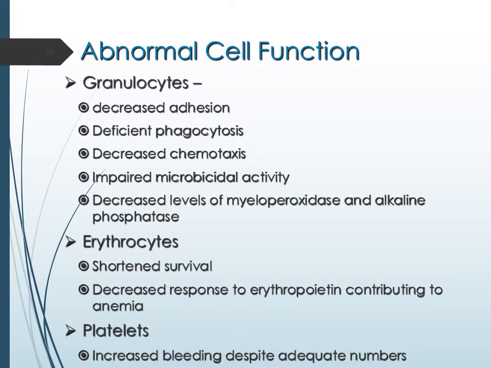Neutropenia is the second most common cytopenia observed in MDS patients. About 50% of patients at the time of diagnosis will have neutropenia. Neutropenia can be accompanied by a shift to the left in these patients.